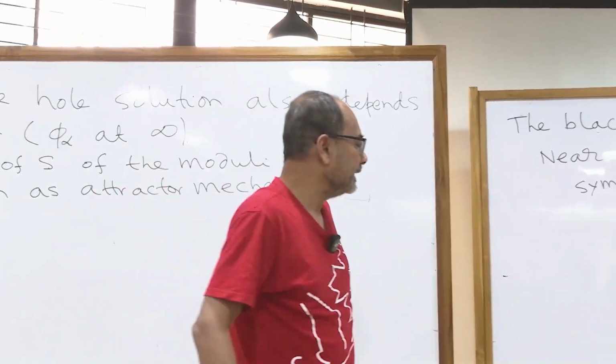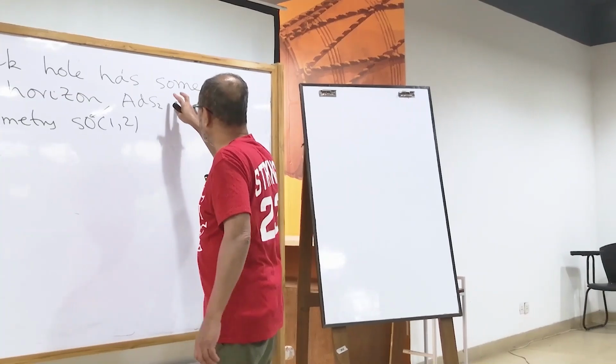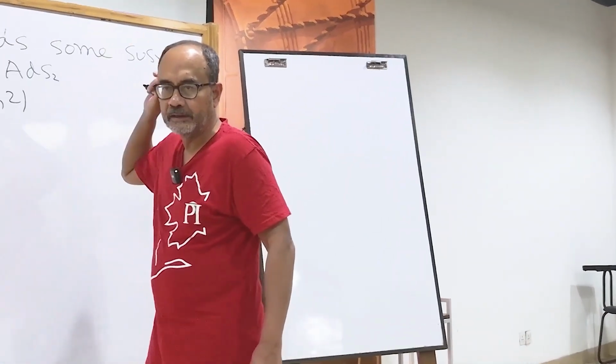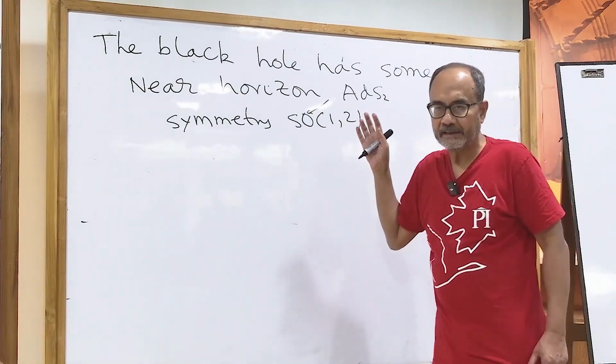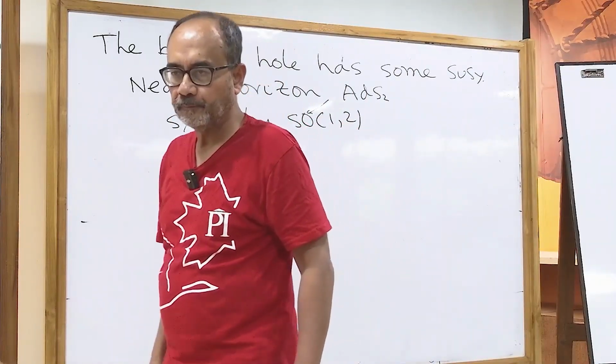So you can ask, given these two symmetries, the SO(1,2) of the near-horizon AdS, and the supersymmetry that we already know the black hole has, if we combine them together, what is the minimum algebra that can accommodate these two?